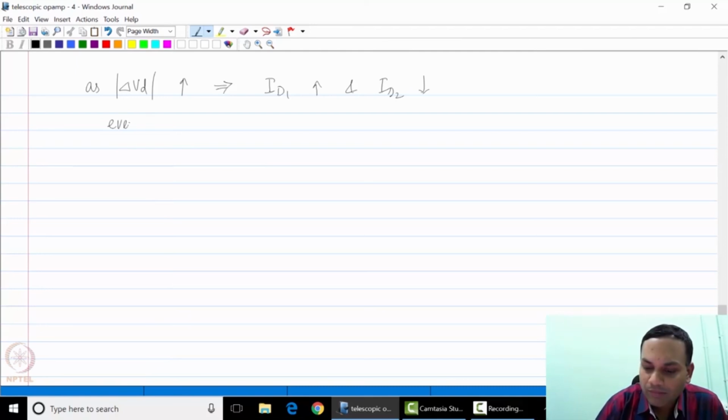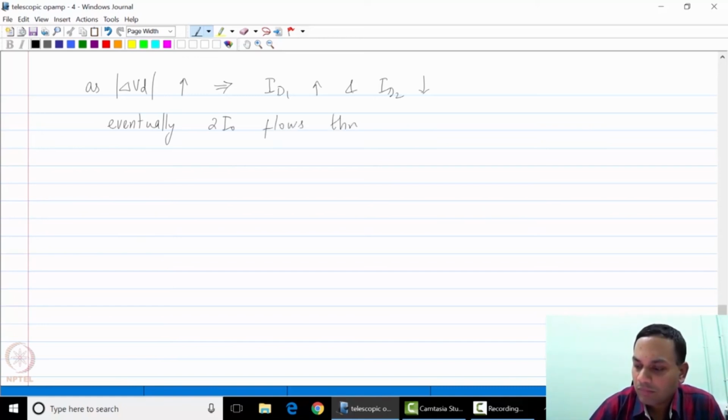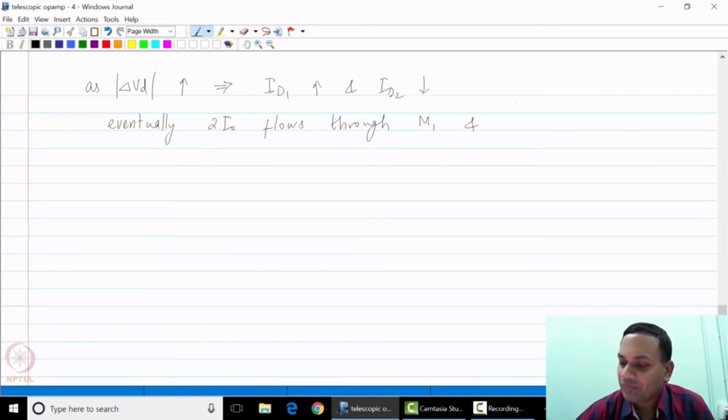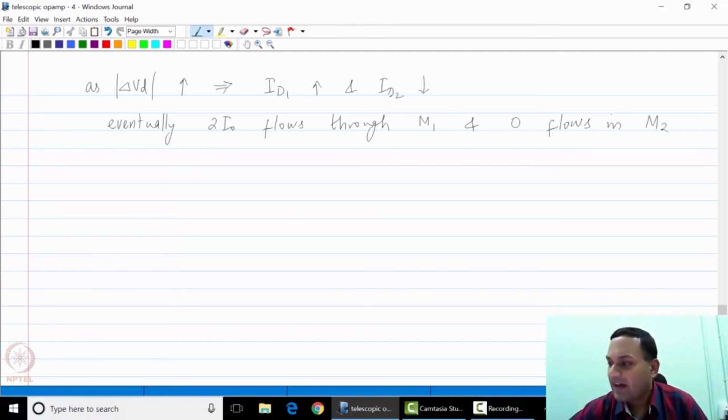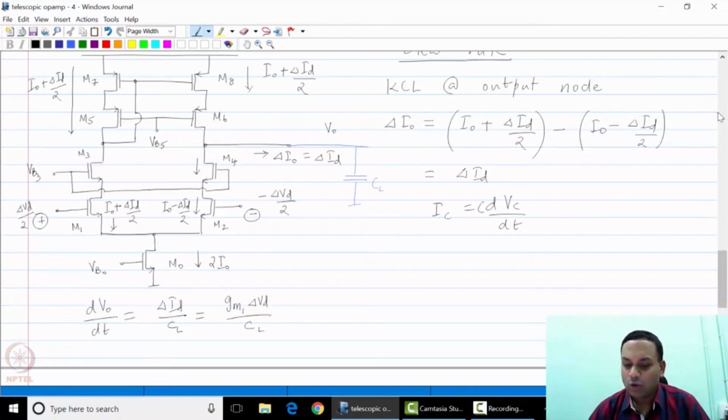Eventually 2 I0 current flows through M1 and 0 current flows through M2. So all the current has shifted into transistor M1.